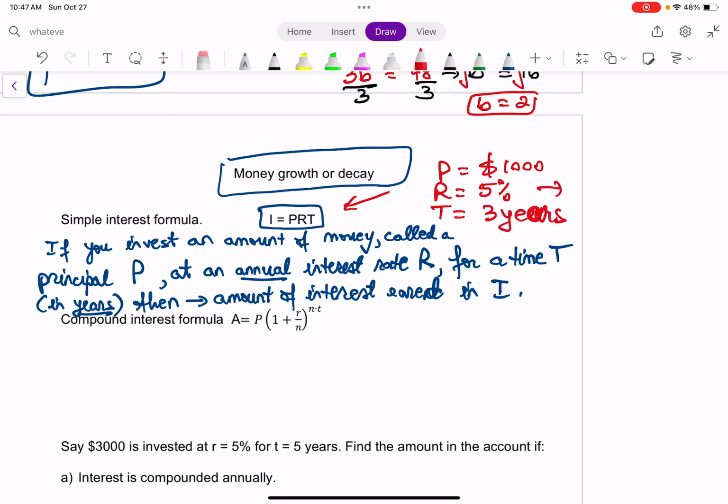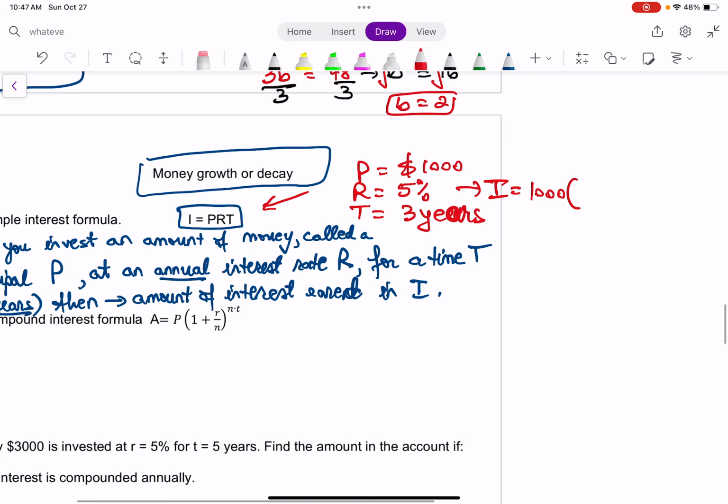Then how much interest will you have earned at the end of the 3 years? That's a simple calculation. All you do is multiply the 1,000. Now, you don't multiply by 5. It doesn't get 5 times as large. 5% means $5 per $100.